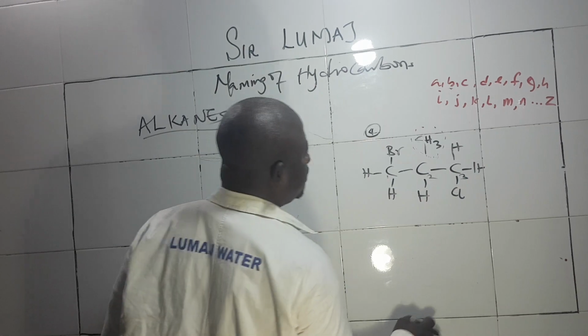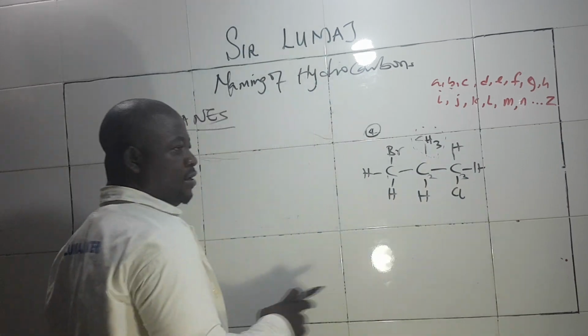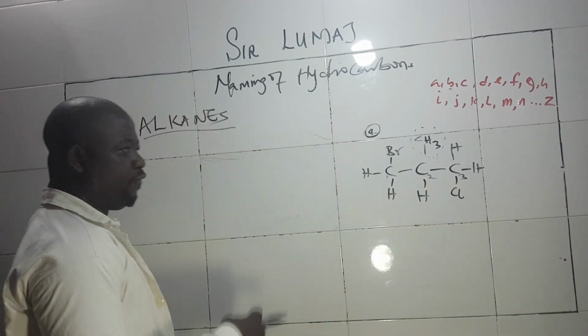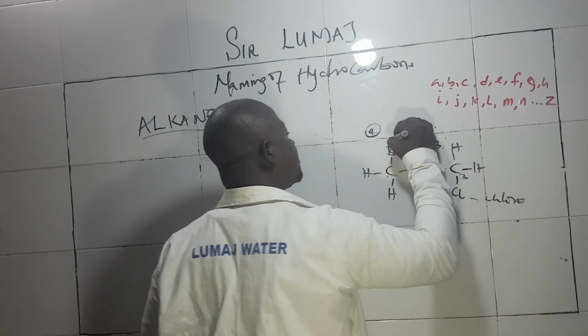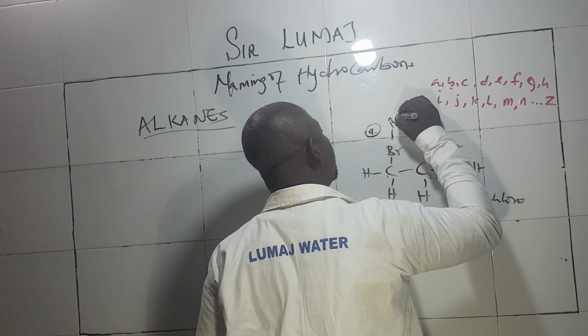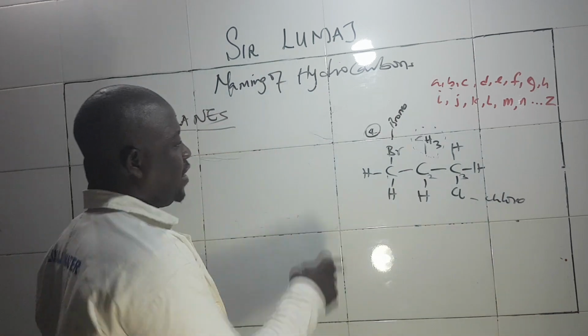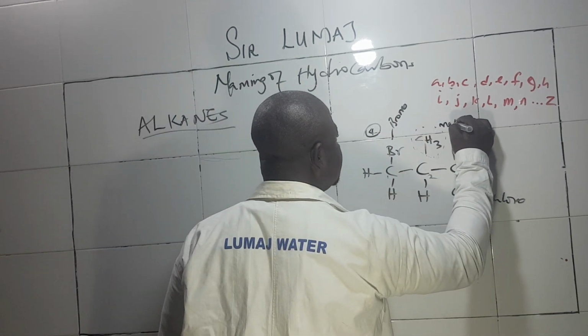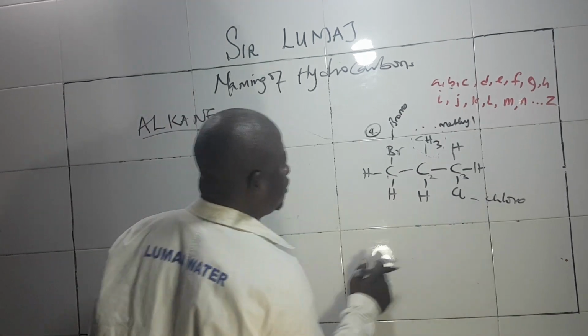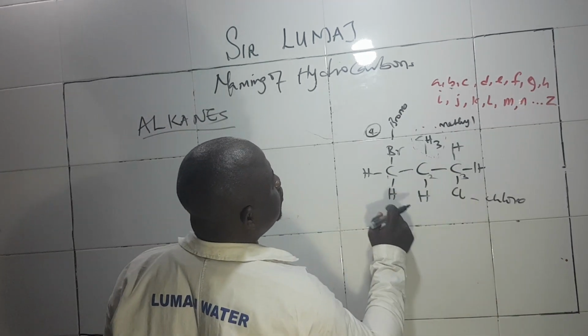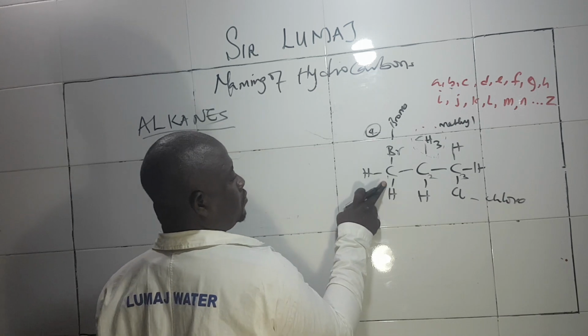So you now name it considering the alphabet. Which one will come first? This is chloro. This is bromo. You now look at which one will come first. And this is an attached group, this is methyl. So for us to name this, which one is coming first? Bromine.